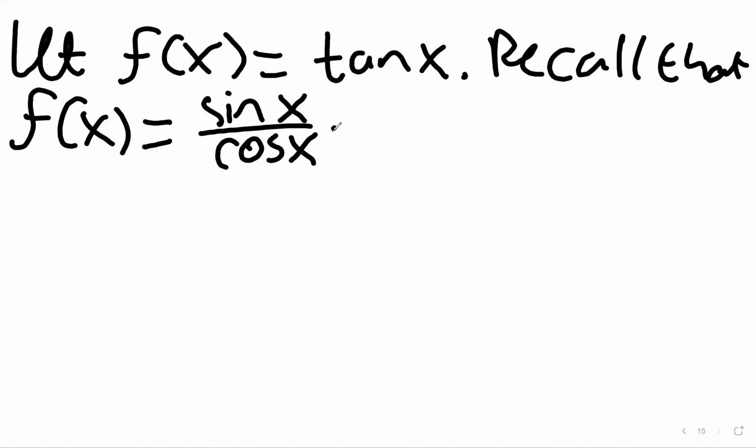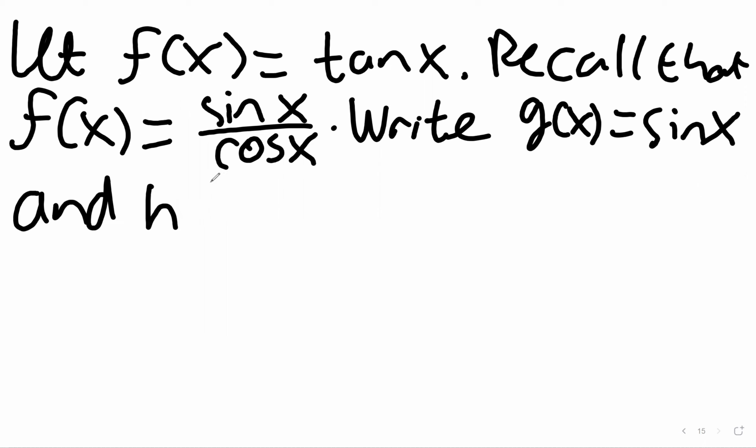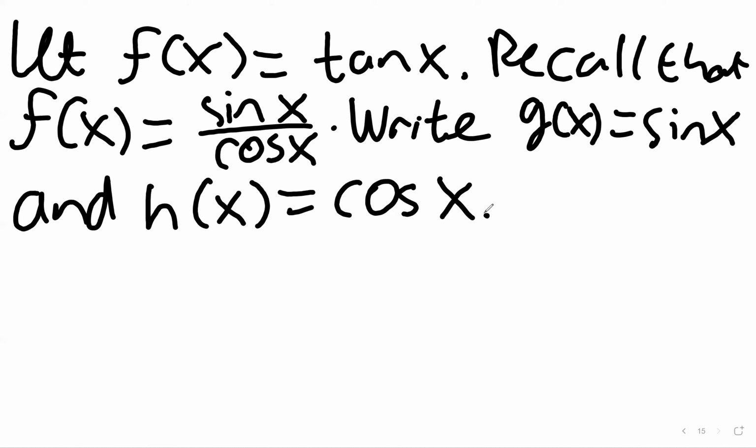The derivative of sine x is cosine of x. The derivative of cosine of x is minus sine of x. To simplify this, let us write g of x equals sine of x, and let h of x be cosine of x.